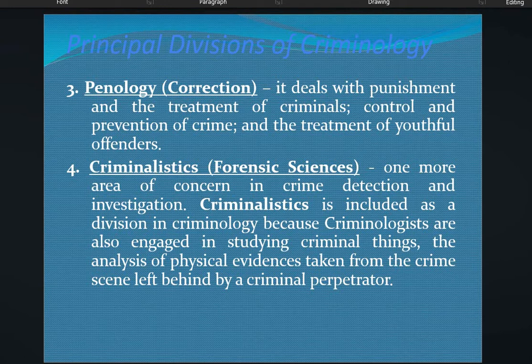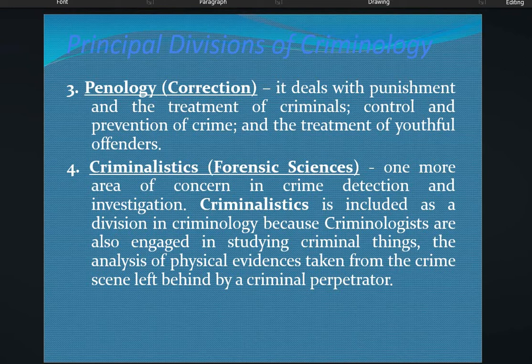Criminalistics is included as a division in criminology because criminologists are also engaged in studying criminal things, the analysis of physical evidences taken from the crime scene left behind by a criminal perpetrator. So the purpose of studying criminalistics or forensic science is you will be having the idea of what are the possible evidences that will be left by the perpetrator or the criminal, or what are the possible evidences that can be found in the crime scene.